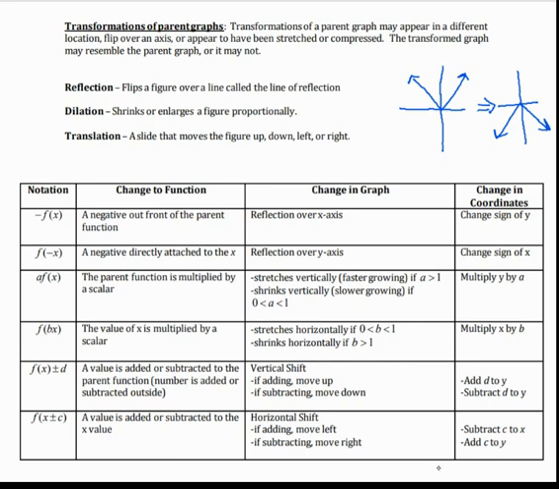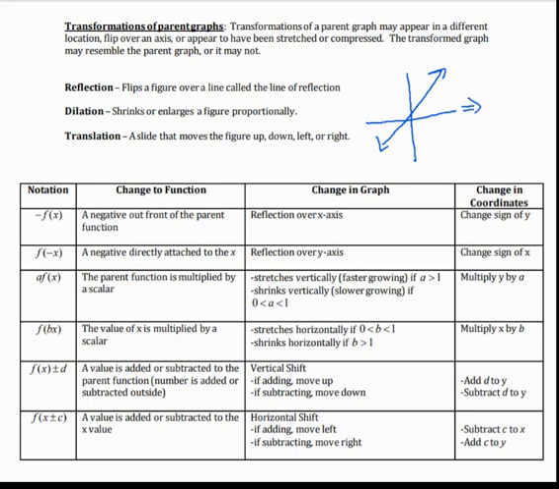Our second example is if I have a negative on the inside of a graph. So if I have a negative on the inside of a graph, what happens is it flips it over the y-axis. So let's pretend I had a normal linear equation. Here's our parent of our linear equation.